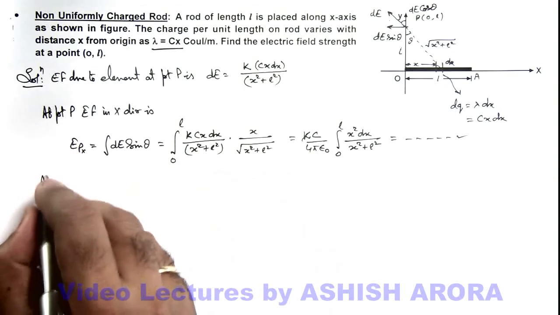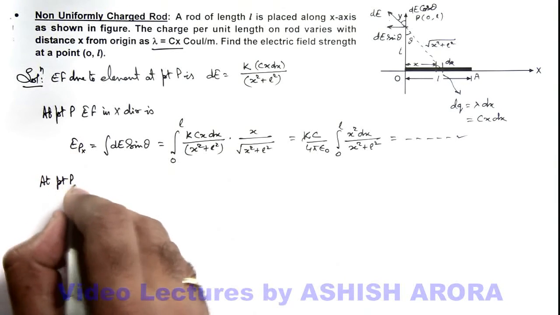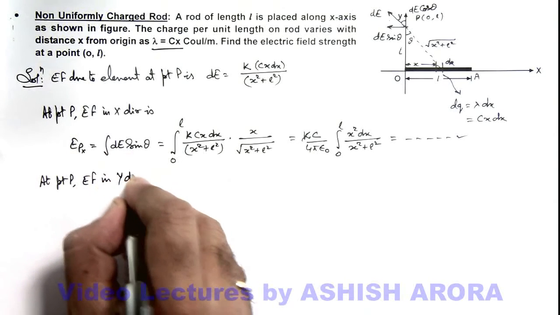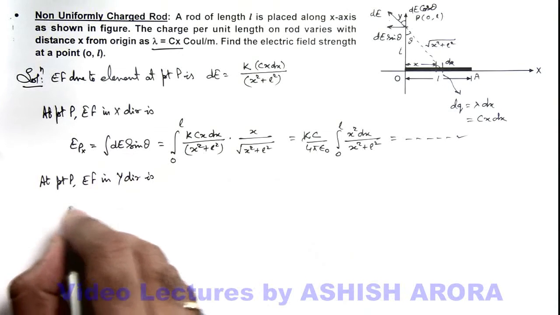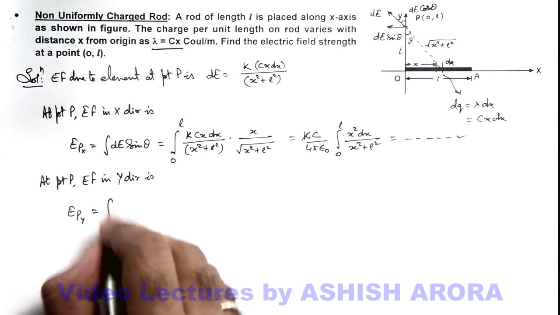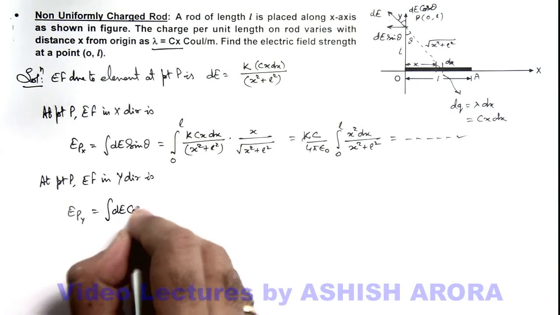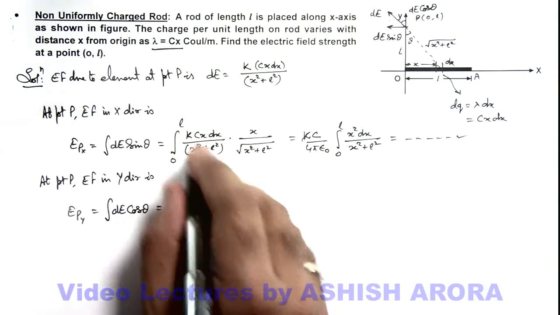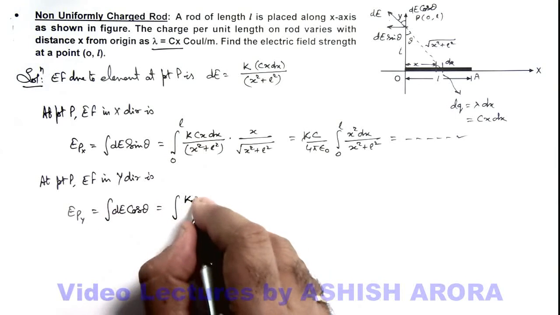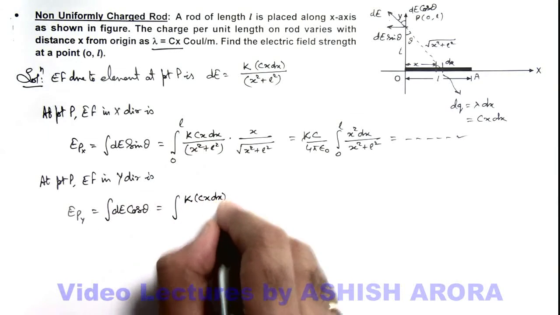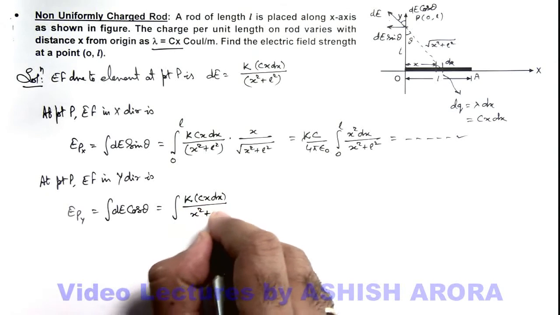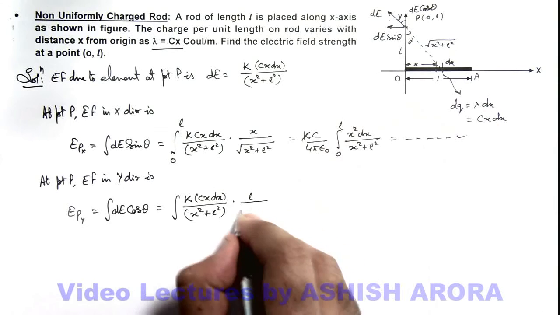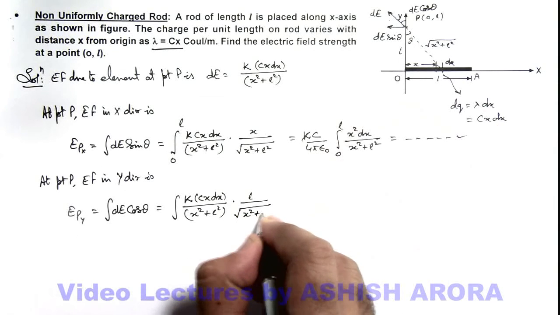Similarly, we can find out at point P the electric field in the y direction, this is EPY, and that can be given as the integration of dE cos theta. And here this can be given as the integration of dE, which is k Cx dx by x square plus L square. And in this triangle, cos theta we can write as L by root of x square plus L square.